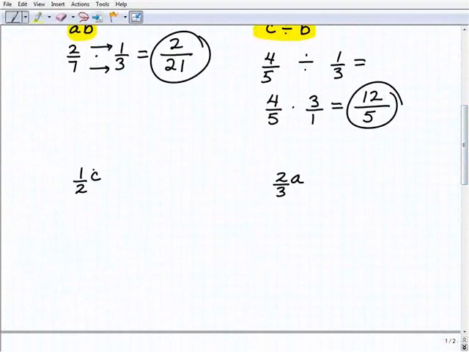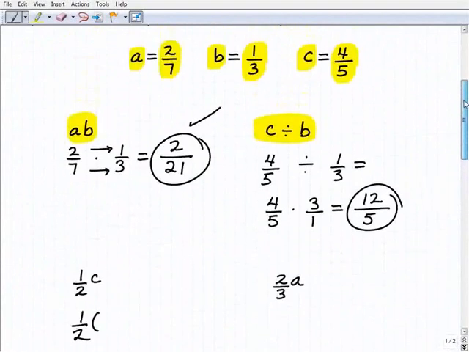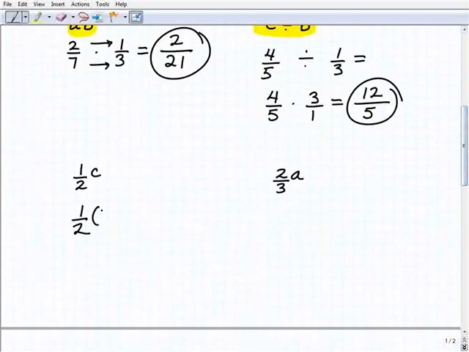So here we have 1/2 C. So this is going to be 1/2 times C. Okay, and if we recall, our C value is 4/5. This is going to be 1/2 times 4/5. All right, so 1/2 C means 1/2 times C. So this would be 1/2 times 4/5.